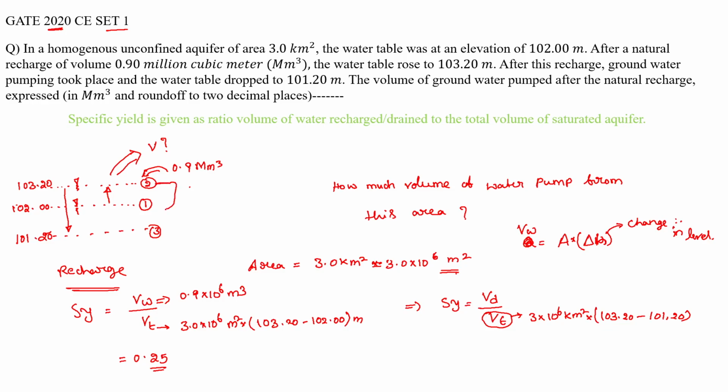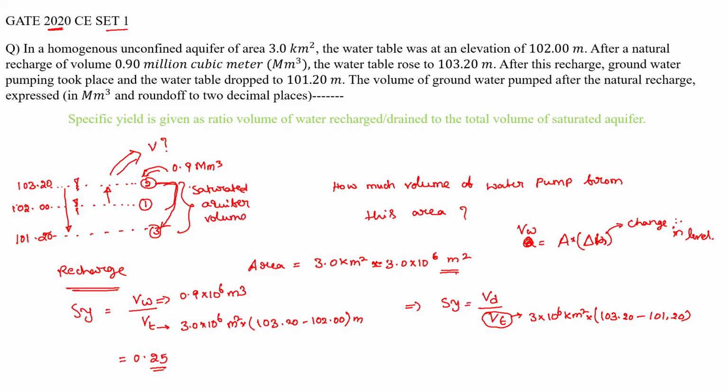From these two we reach this particular third level. So this much saturated aquifer area has changed. This is the total saturated aquifer volume.